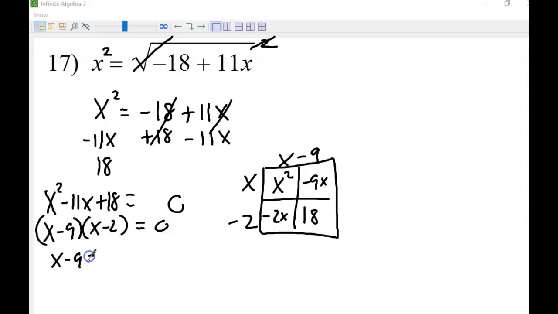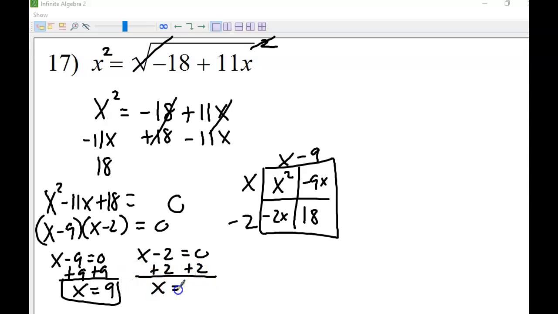You set each one equal to 0 and solve. Once again, you want to make sure that it doesn't end up making any of your insides negative.